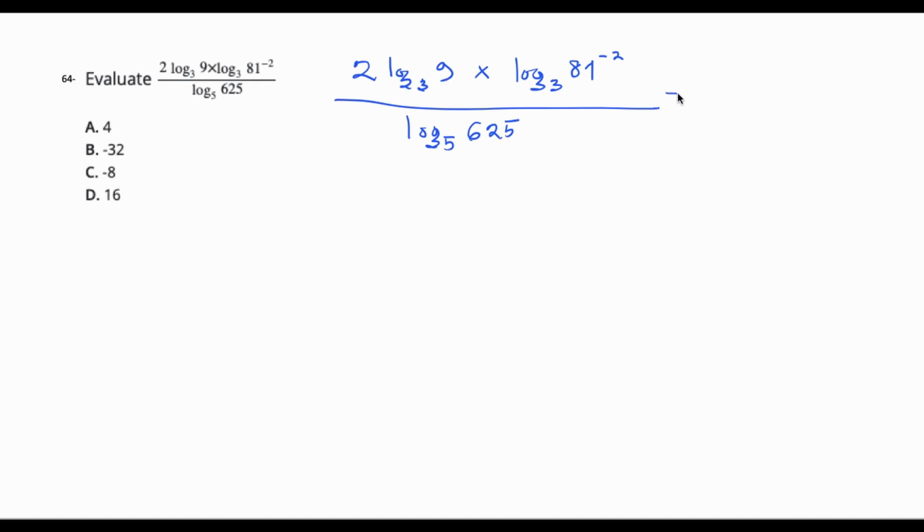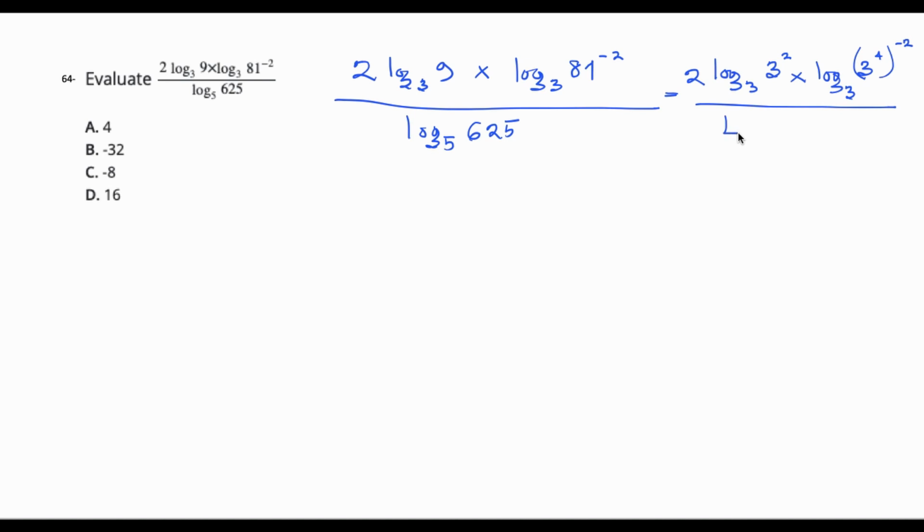So if we do that, we'll have that this is equal to 2 log to the base 3. We know that 9 is the same as 3 raised to power 2, multiplied by log to the base 3, and 81 is the same as 3 raised to power 4, all raised to power minus 2.